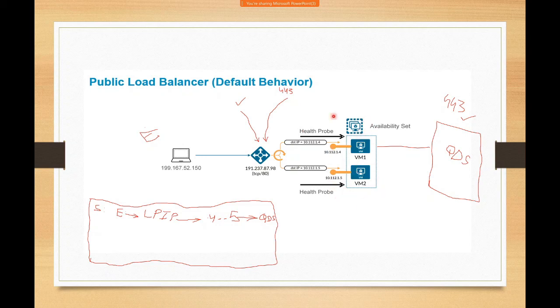We will do the destination NAT in the firewall. Just tell me, can we publish the application without destination NAT? Not exactly. Yes, true. So that is why we need a destination NAT here in VM1 and VM2.